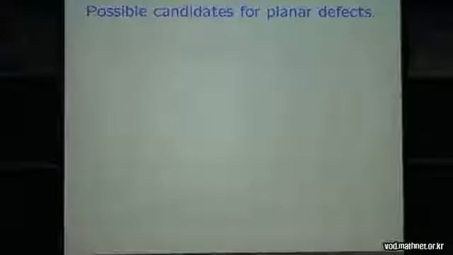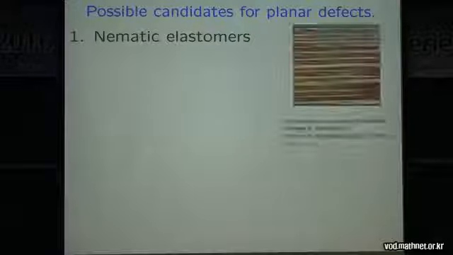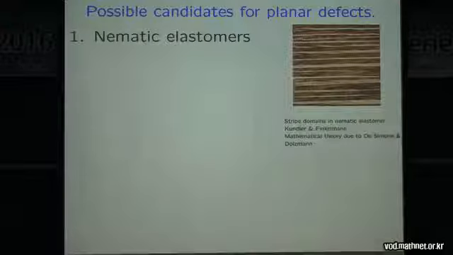Okay, so what are possible candidates for planar defects? So the first is, I think, nematic elastomers. I've not really worked through this, but nematic elastomers are a mixture of elasticity with liquid crystals. So they're polymers to which liquid crystal molecules are attached. And they behave very much like martensite.